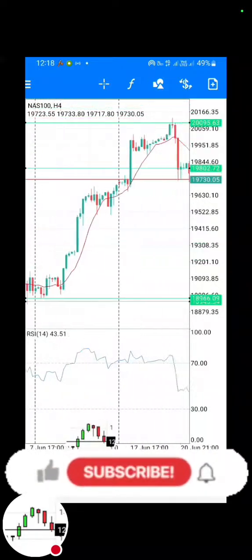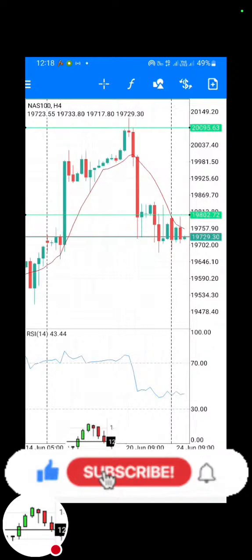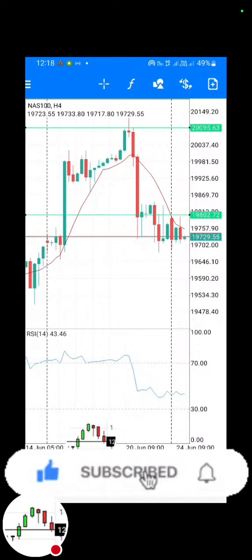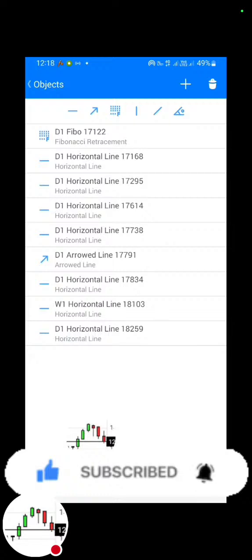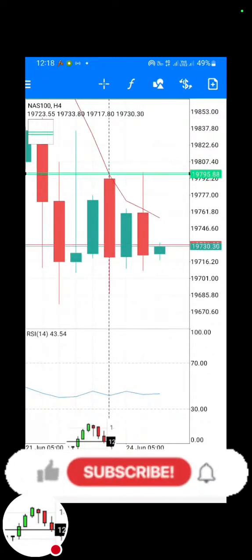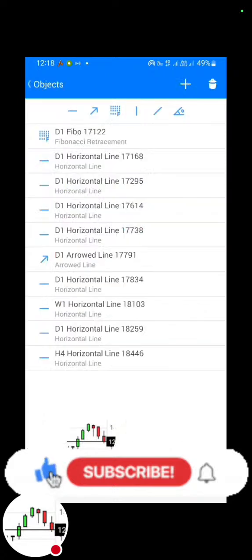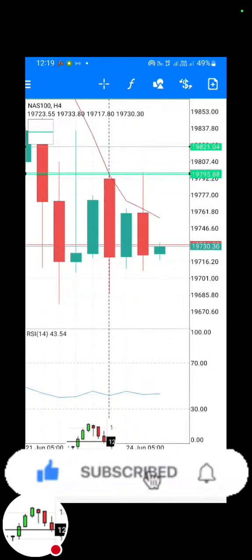So let's say I want to sell this market because the market is going to sell, obviously. So you're going to place a sell position somewhere around here. Stop loss is going to be at least this level, somewhere around here. This is a stop loss, or you can place it somewhere around here.